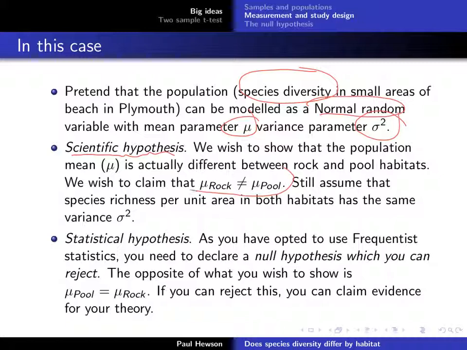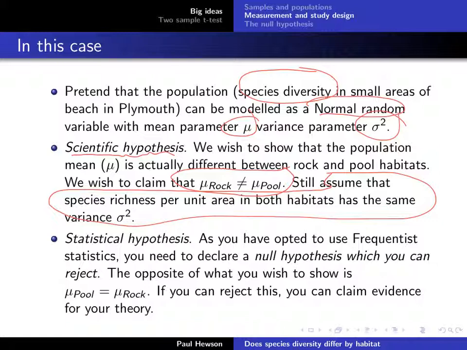Put that mathematically, we're hoping to show that the population mean in rock sites is different from the population mean in pool sites. Notice there's a big caveat. We are assuming that species richness at both has the same variance. So the means might be different, but the variance is the same.